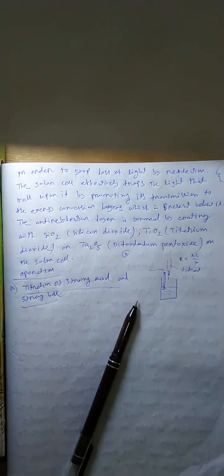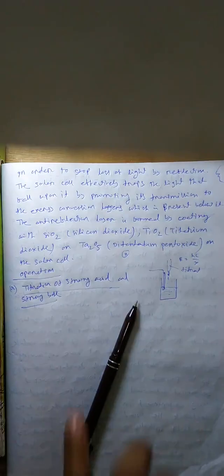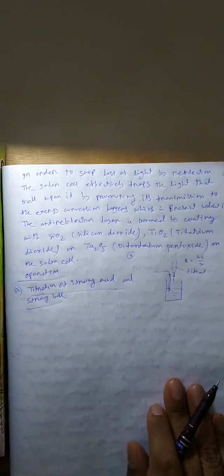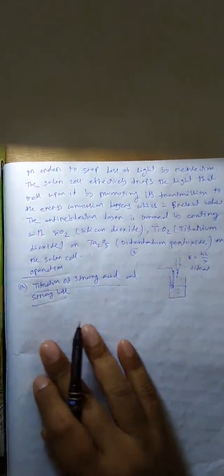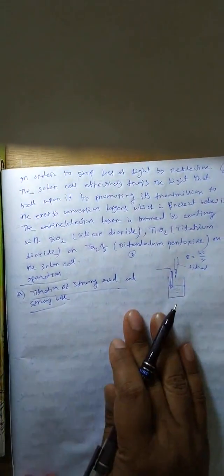We can do this titration using an indicator. We take the phenolphthalein indicator or methyl orange indicator. Both are used in the case of strong acid and strong base titration.